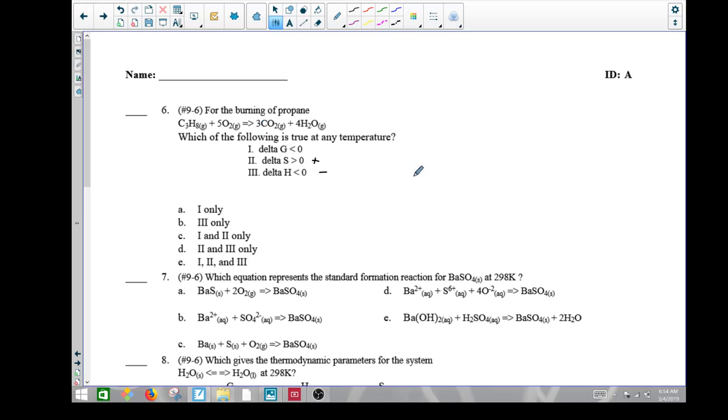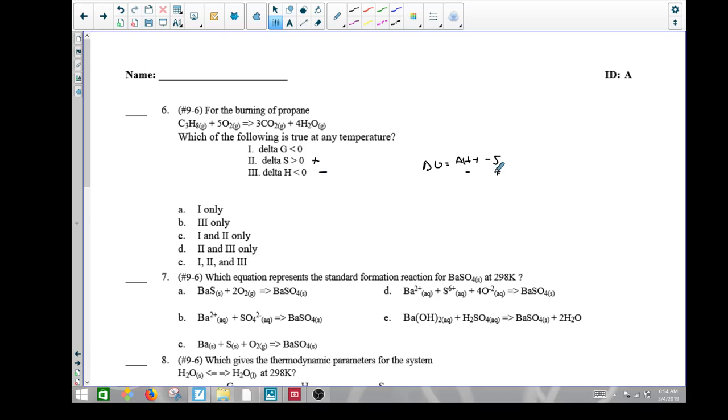And delta G equals delta H minus temperature times delta S. Let's just make sure we get this right.